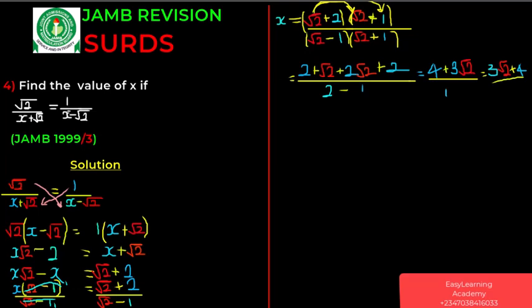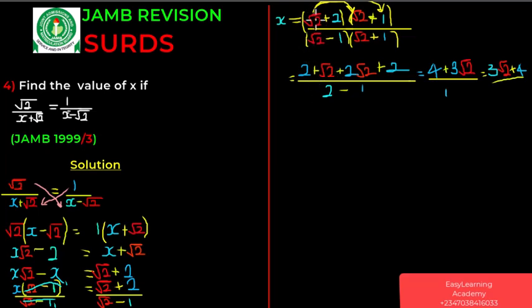So we need to rationalize, to take away the surd in the denominator, and for a compound surd like this, we use the conjugate. The conjugate of square root of 2 minus 1 is square root of 2 plus 1. We kept it for the numerator and did the same for the denominator, and then we started expanding.